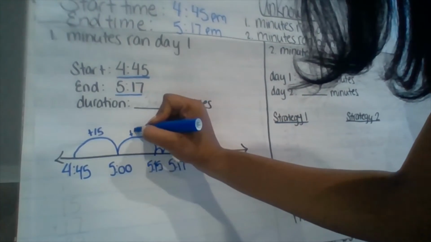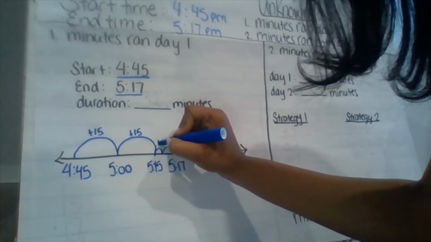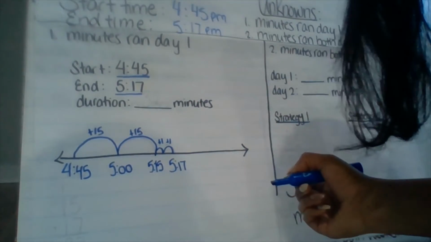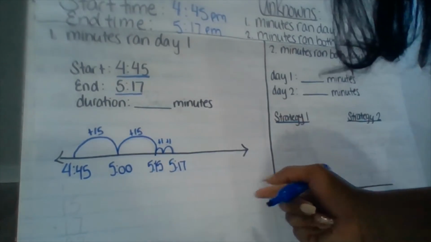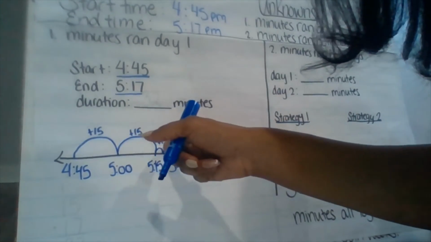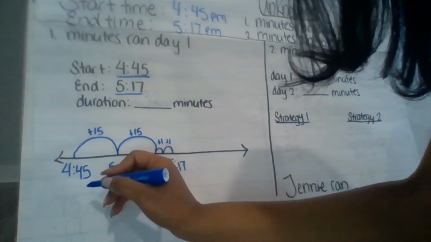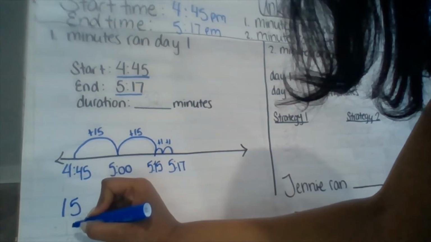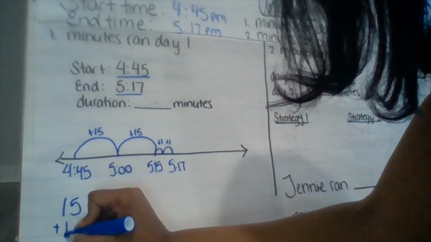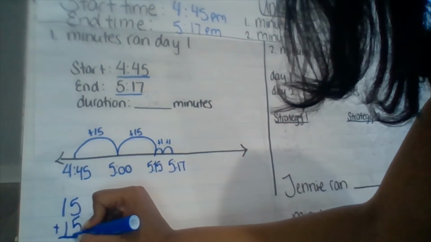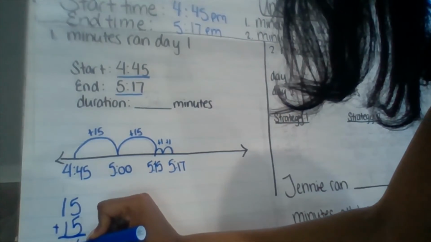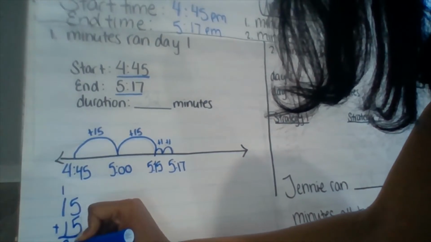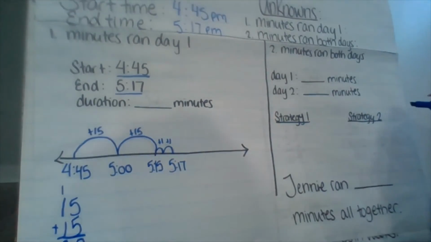So my first jump was 15 minutes. My second jump was 15 minutes. My third jump was 1 minute. And my fourth jump was 1 minute. So now to figure out the duration, I need to combine all the minutes together. So I'm going to add 15 plus 15. 5 plus 5 is 10. Carry the 1. 1, 2, 3. Which is 30 minutes.